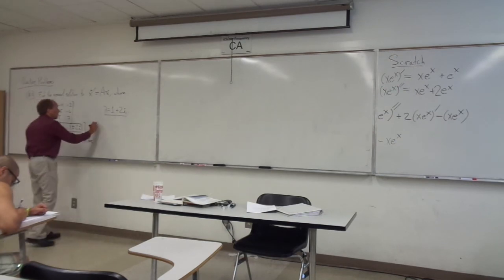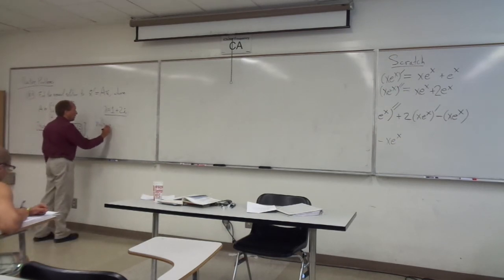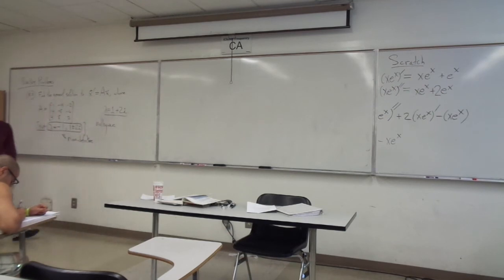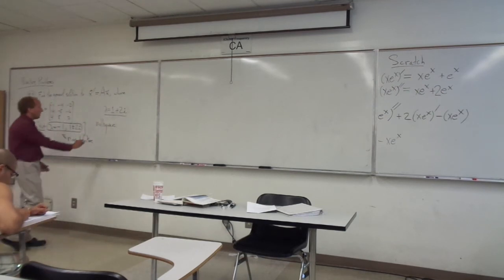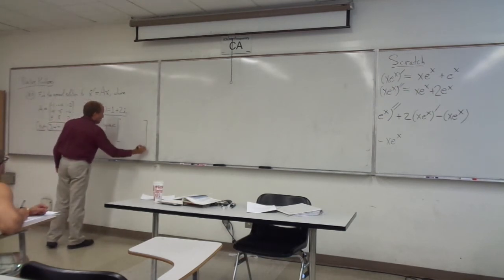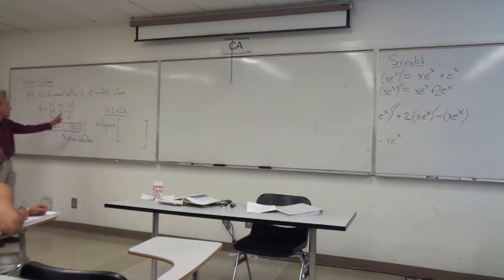Okay, so we're going to have to find eigenvectors that go with that eigenvalue. So I'm going to take the null space of the matrix that I get by subtracting 1 plus 2i from the main diagonal.